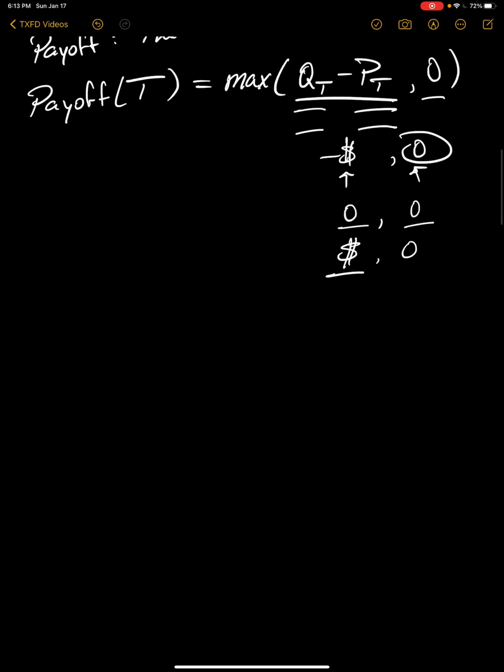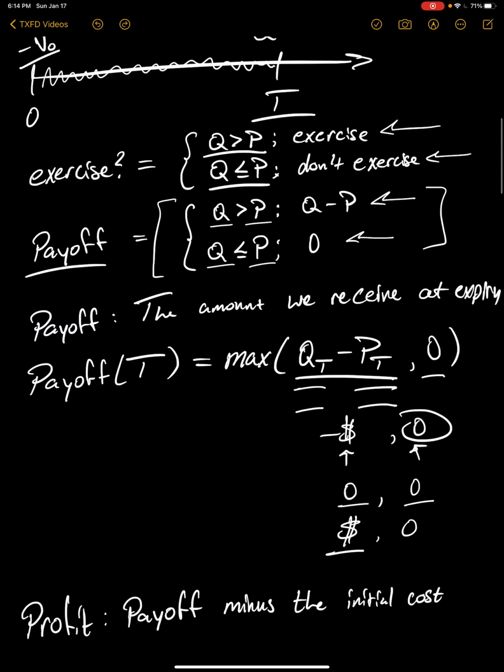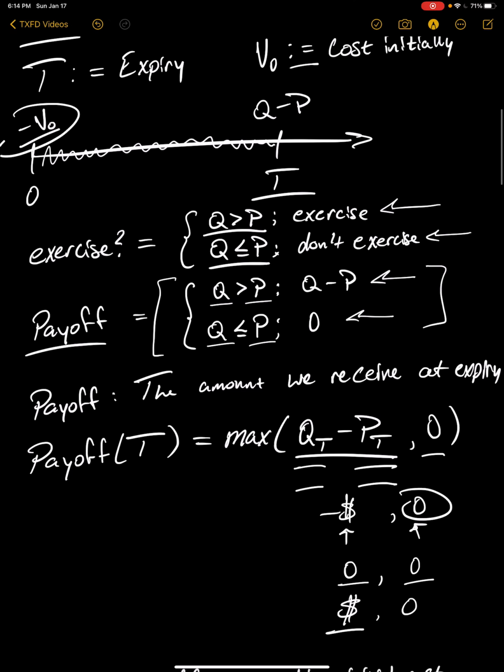But our profit can be negative. And the profit is defined as the payoff, what we get at the end, minus the initial cost, and the initial cost, which remember, back up here we just defined to be V sub 0, V0.